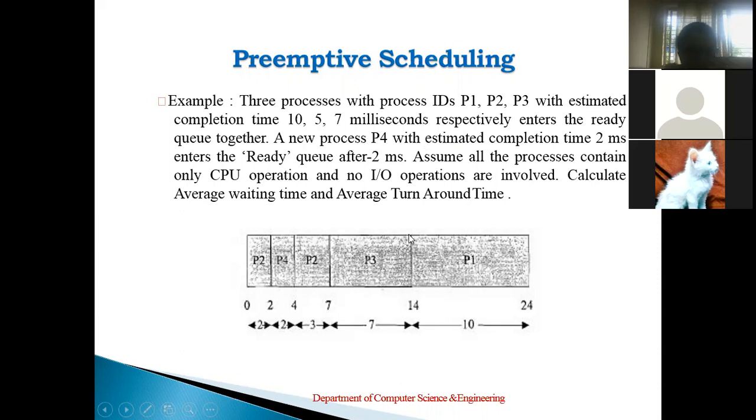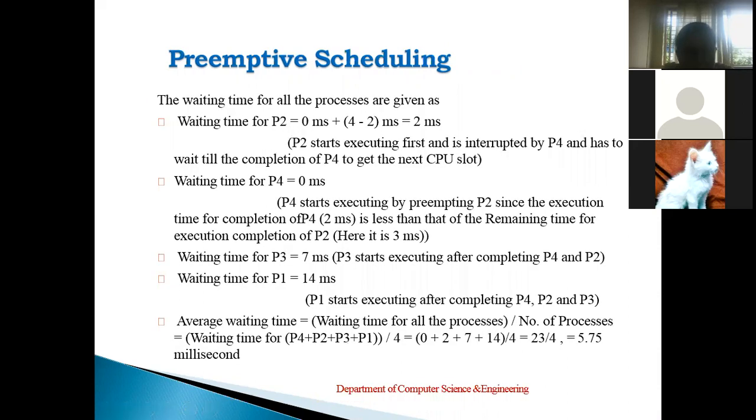How much time is it waiting in the queue? Immediately it has started, no? So the waiting time for P4 is 0 milliseconds, because its completion time is less compared to P2.